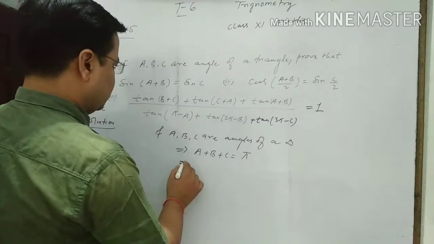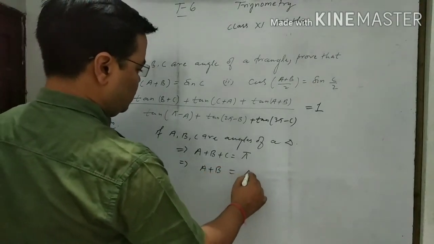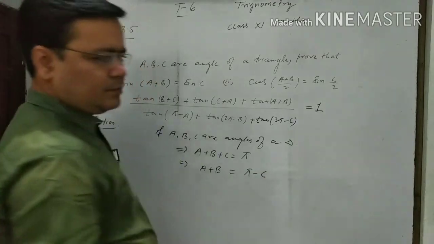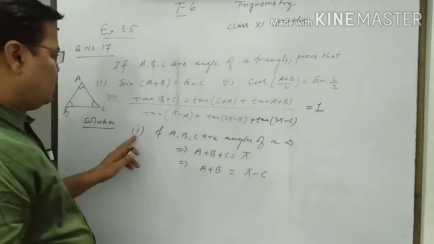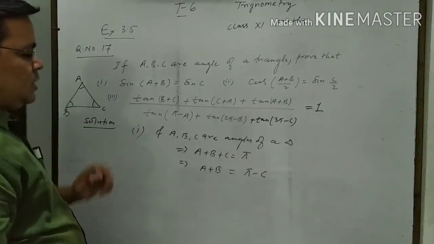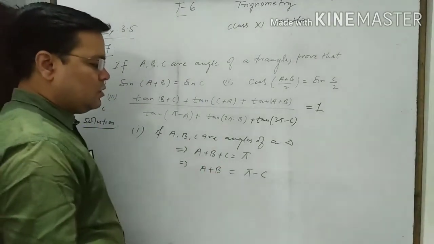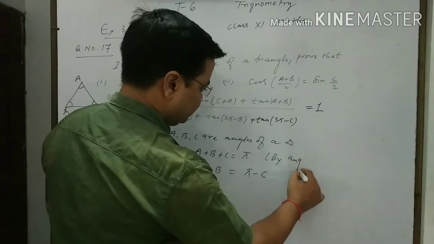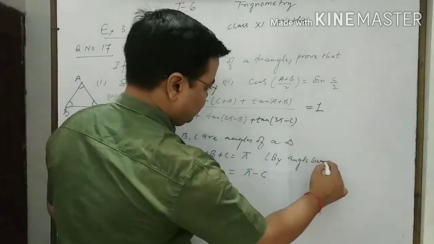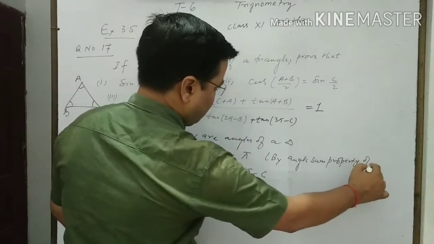So this implies that A + B = π − C. Here I am solving the first part of question 7. If A, B, C are the angles of a triangle, then A + B + C = π, by the angle sum property of a triangle.